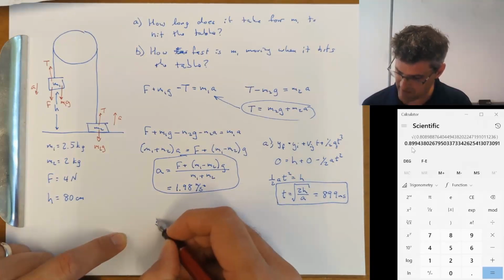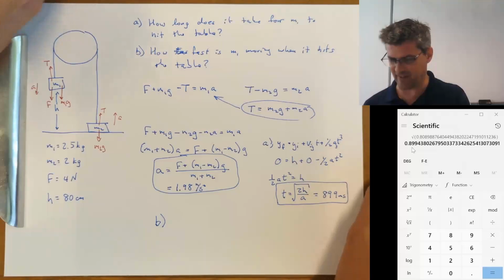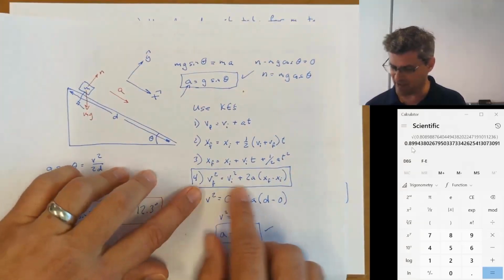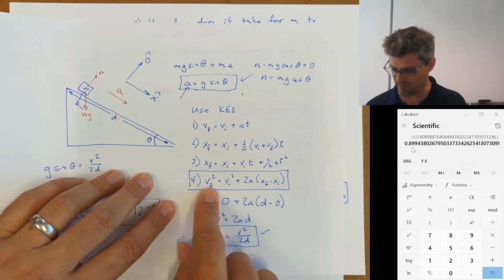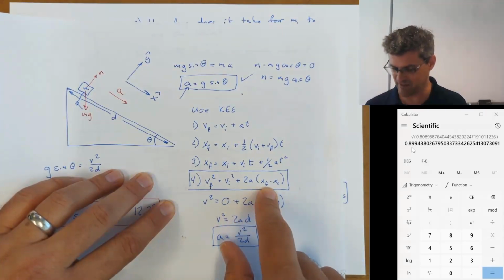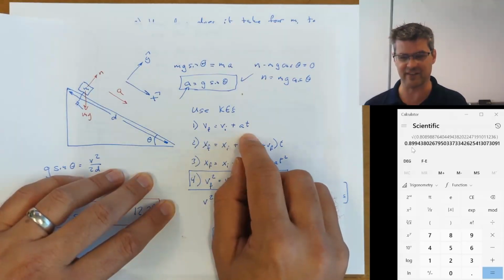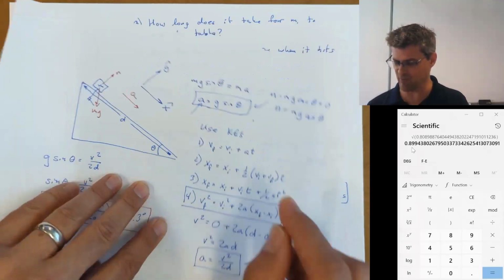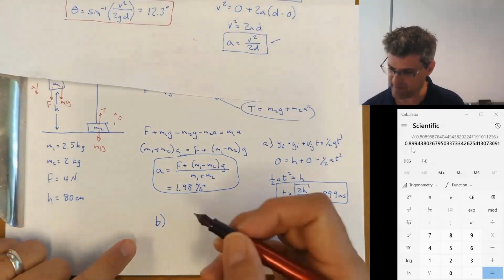For part B, with this set of information, I can certainly find out how fast it was going. I could have used this because I want to know the final speed, but I know the acceleration and I know the distance. It's traveling distance h. Similarly, up here, I know the acceleration and I know the time. So I can use kinematic equation number 1 now, if I wanted to.